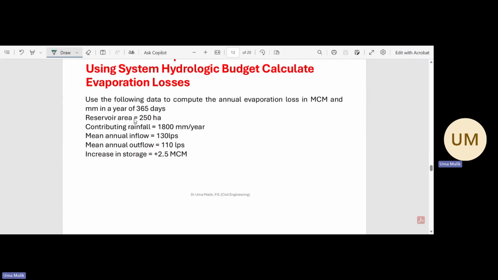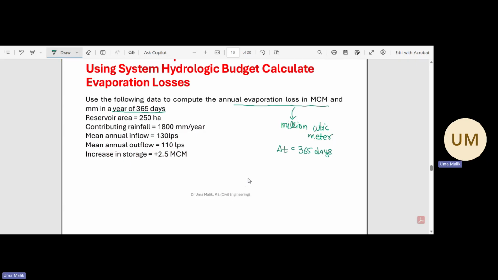Use the following data to compute the annual evaporation loss in MCM, which is million cubic meter, in a year of 365 days. So delta T is given to me as 365 days, the time period. Contributing rainfall is given. Mean annual inflow is given.